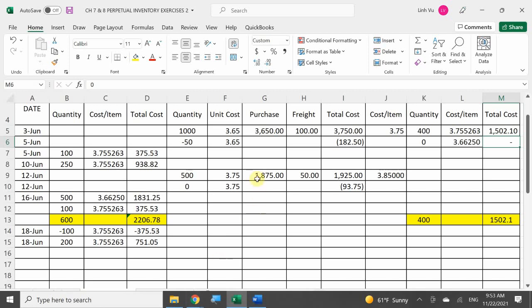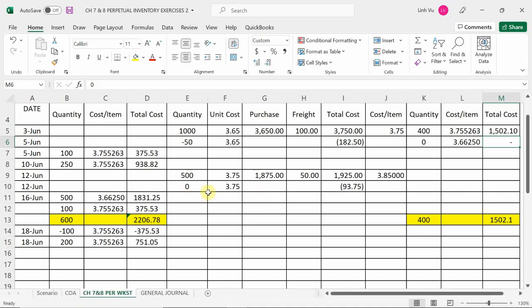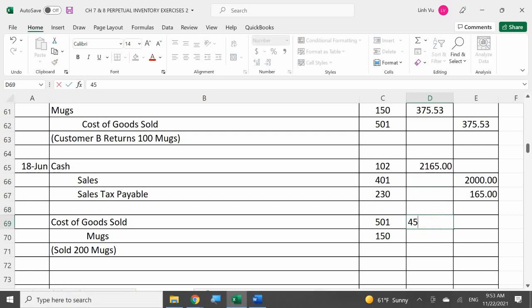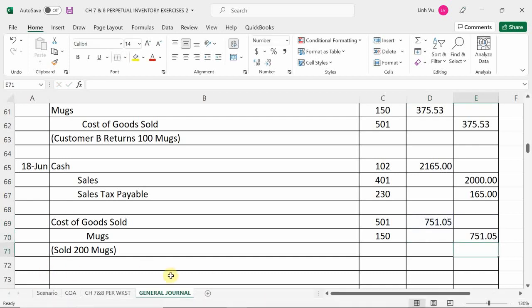So then the number I'm looking for is the 751.05. All right, and we sold 200 mugs.